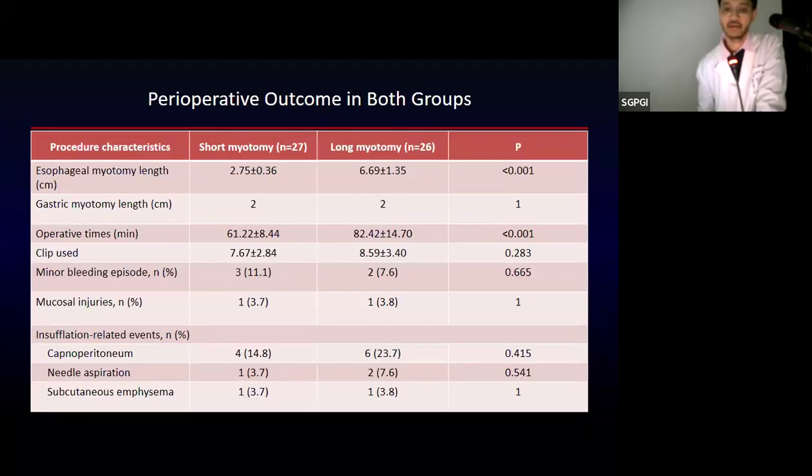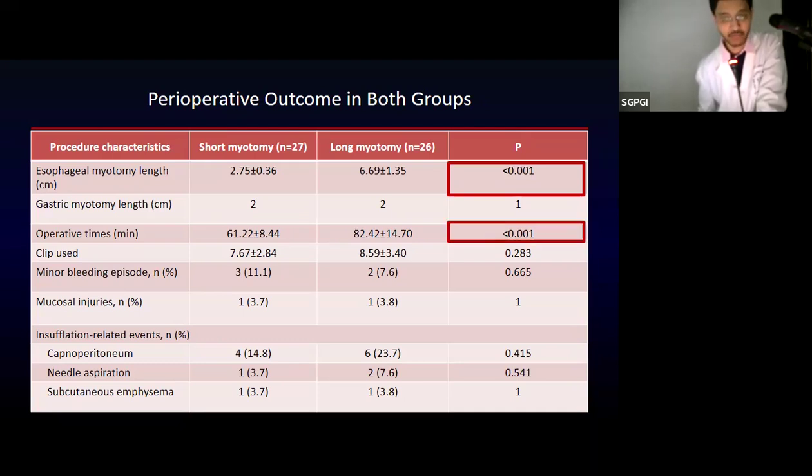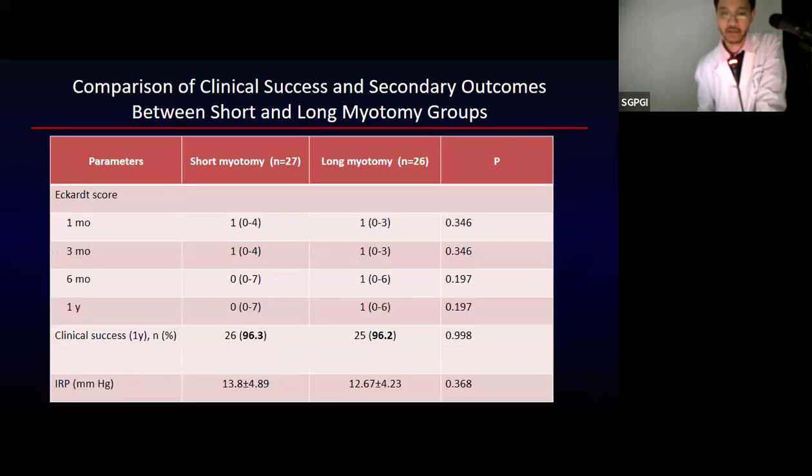Coming to the perioperative outcomes, again, both the arms showed comparable outcomes, except the length of myotomy, which is expected to be shorter in the short myotomy group, and operative times as well being lesser in the short myotomy group. Now, comparing the clinical success, what was found is that the Eckardt score at 1, 3, 6, and 12 months was absolutely comparable in both the arms, being 0 to 1.